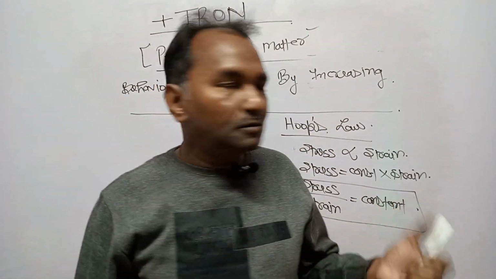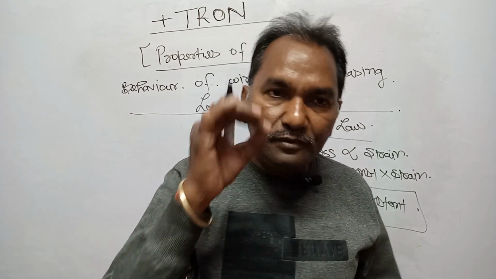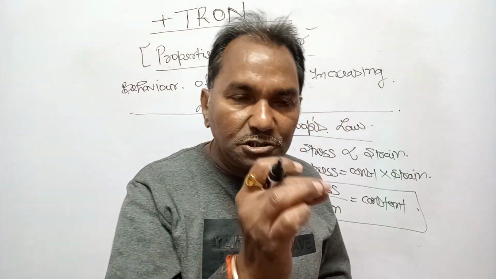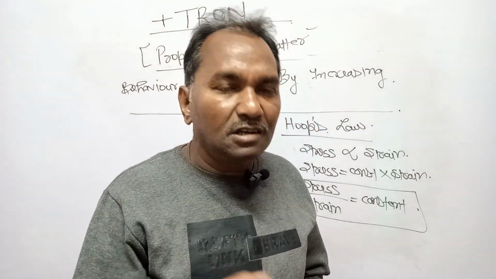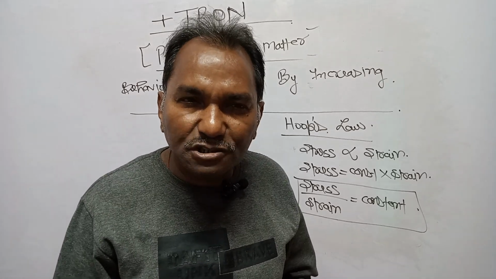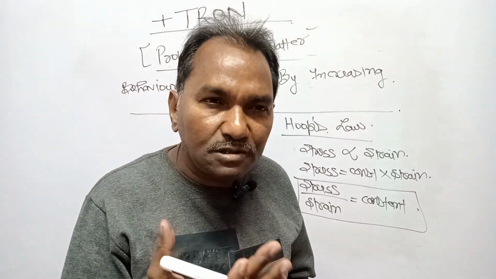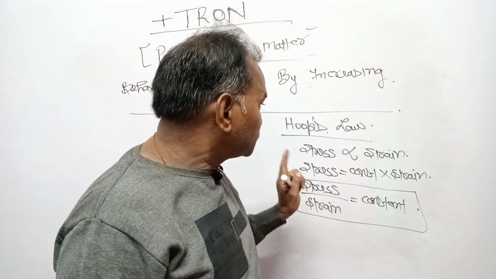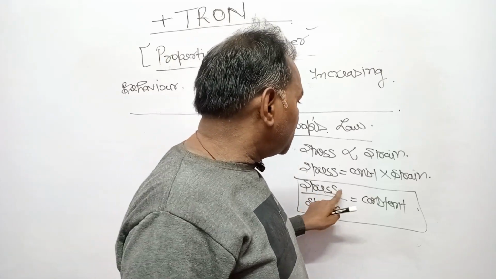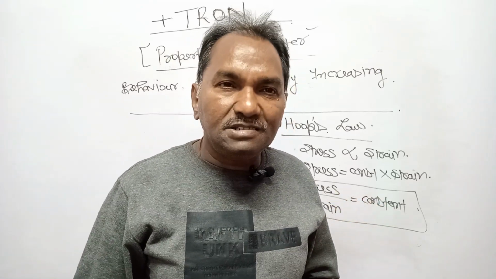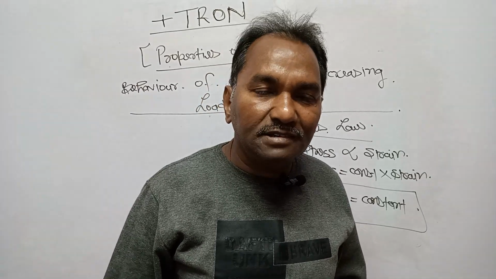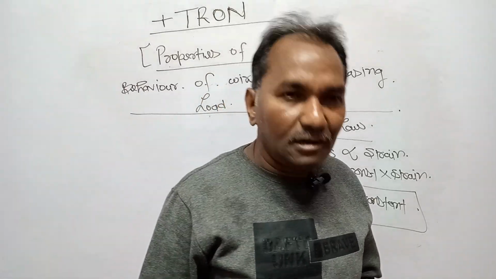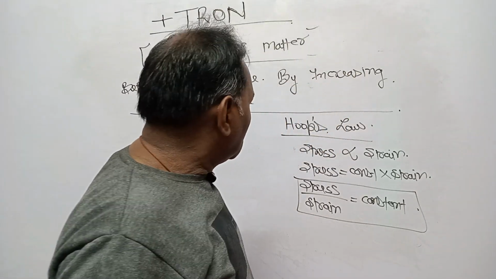Dear student, how can you define Hooke's law? Within the elastic limit, the ratio of stress and strain is equal to a constant, and that constant is the elastic constant. There are three kinds of strains which are caused by three kinds of stresses.